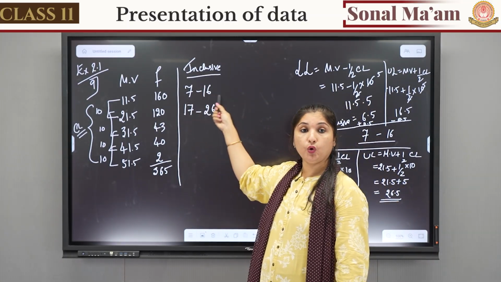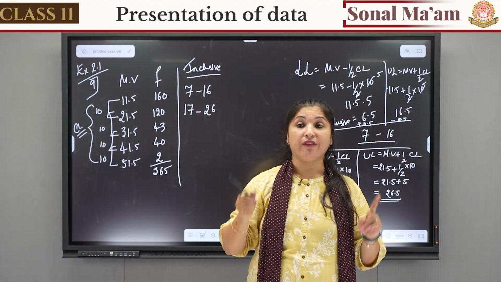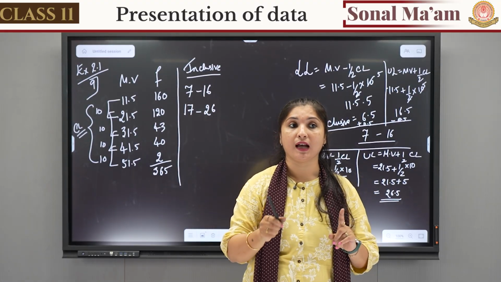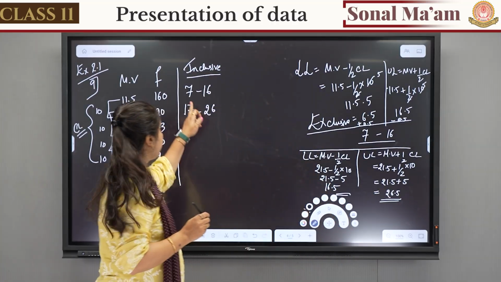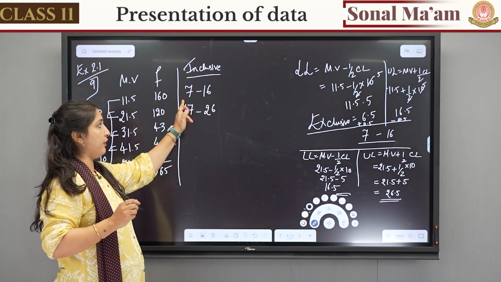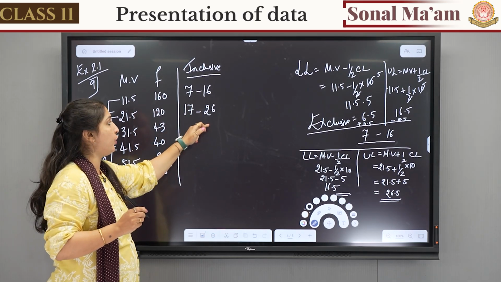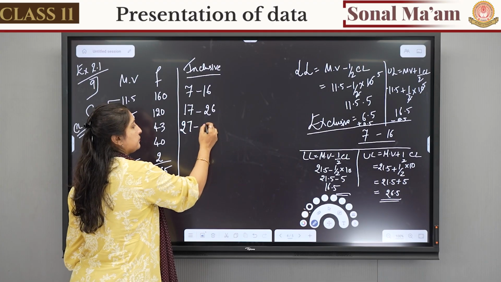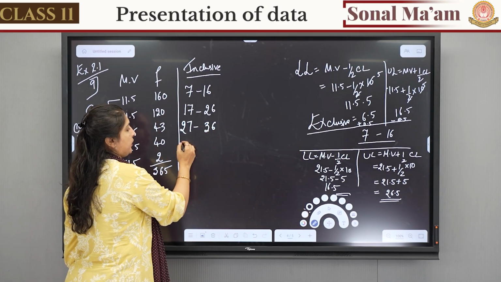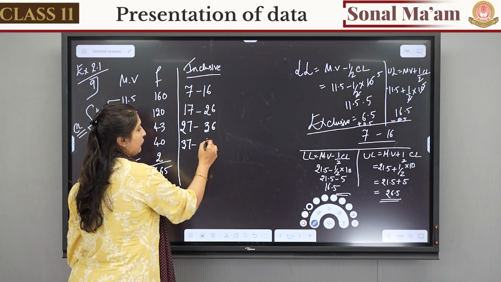Whenever we find inclusive classes, the lower limit and upper limit keep on changing. Here it is 7 to 16, the next will be 17 to 26, next can be 27 to 36, and next will be 37 to 46.